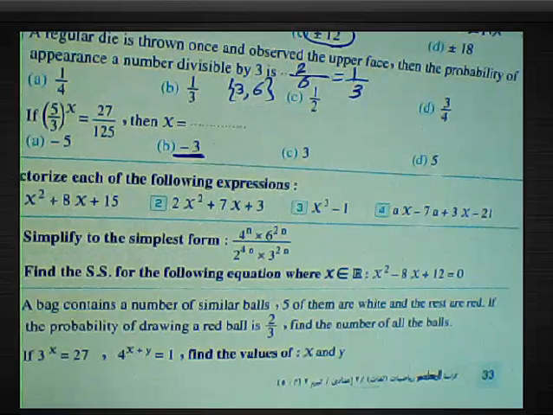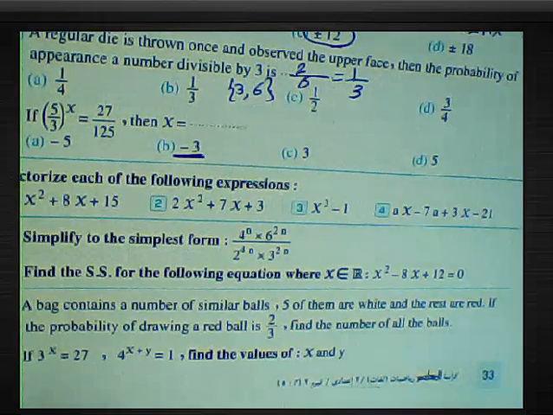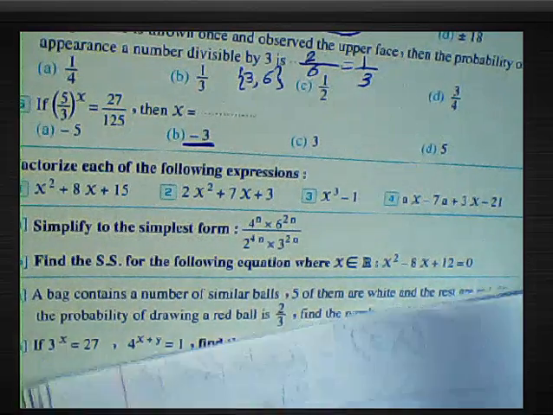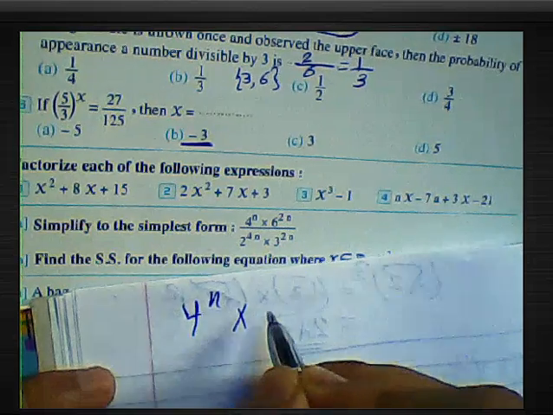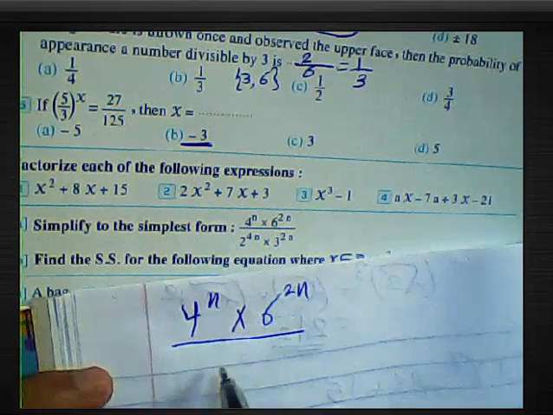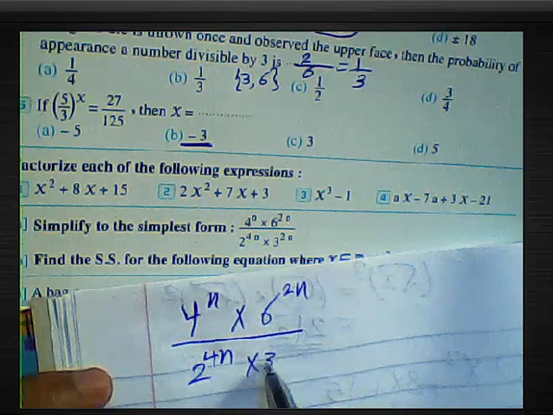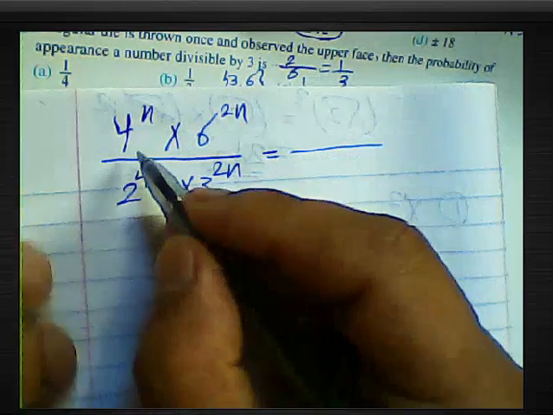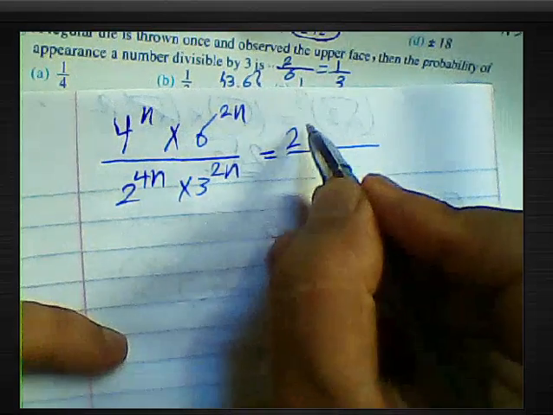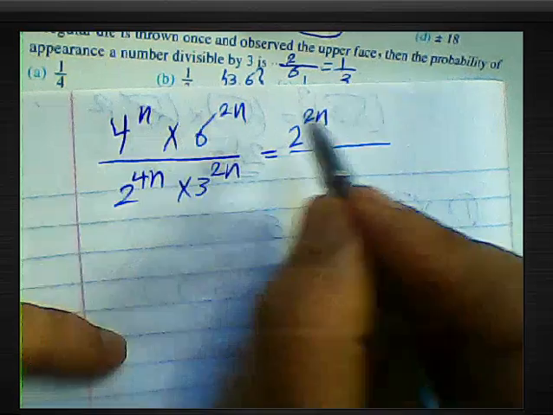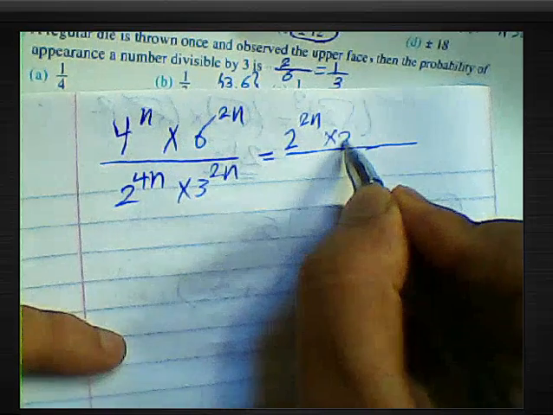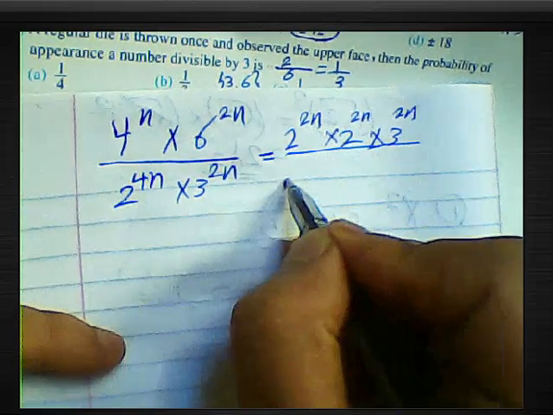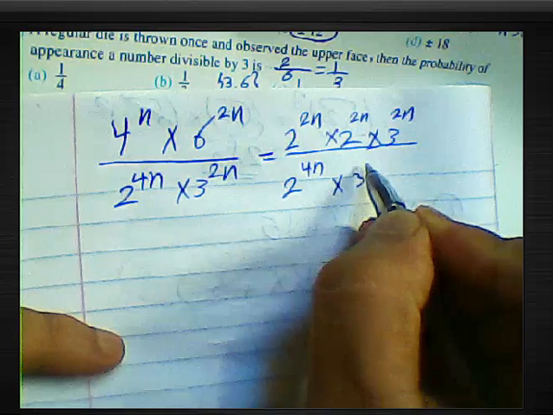It's okay. What about question number 4? Simplify to the simplest form: 4 power n multiplied by 6 power 2n over 2 power 4n multiplied by 3 power 2n. We can write 4 as 2 power 2, so 2 power 2 times n equals 2 power 2n. 6 will be 2 multiplied by 3, so 2 power 2n and 3 power 2n here, and 2 power 4n multiplied by 3 power 2n.